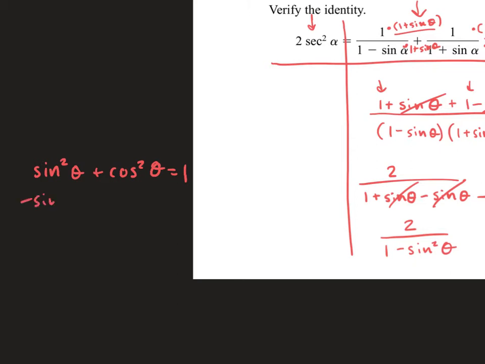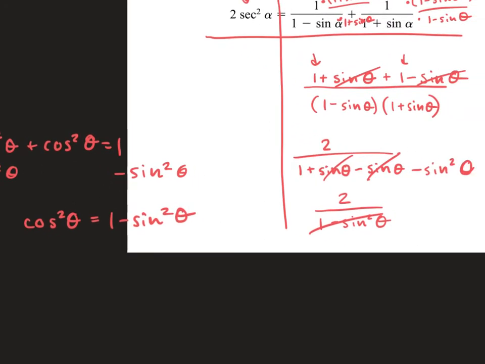So we subtract sine squared. So yes, it's just cosine squared. So we substitute that 1 minus sine squared theta in place of cosine squared. So now we have 2 over cosine squared theta.